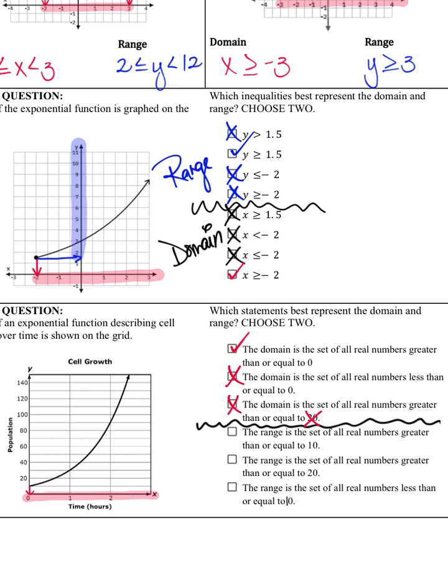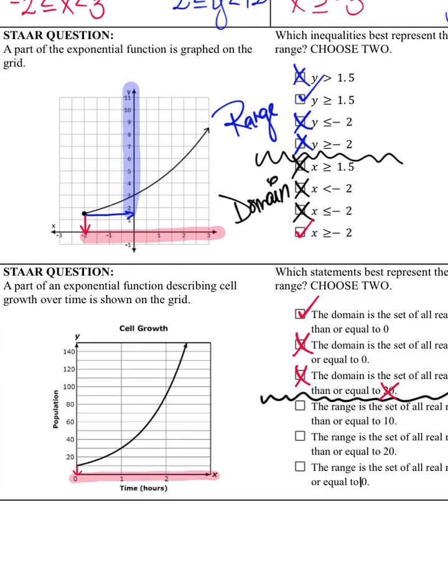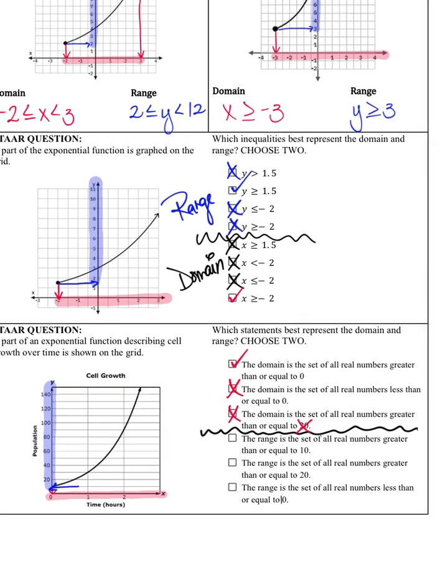Now let's look at our y-axis, or our y values, which is our range. Our range goes into our y-axis, which looks like it's right about at 10. And then this graph is growing exponentially or going up. It's increasing. So let's look at the answer choices provided. It says the range is a set of all real numbers greater than or equal to 10.